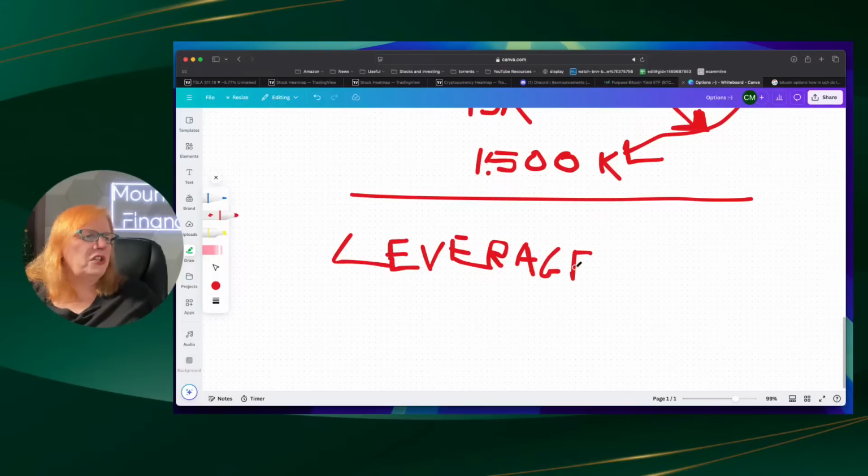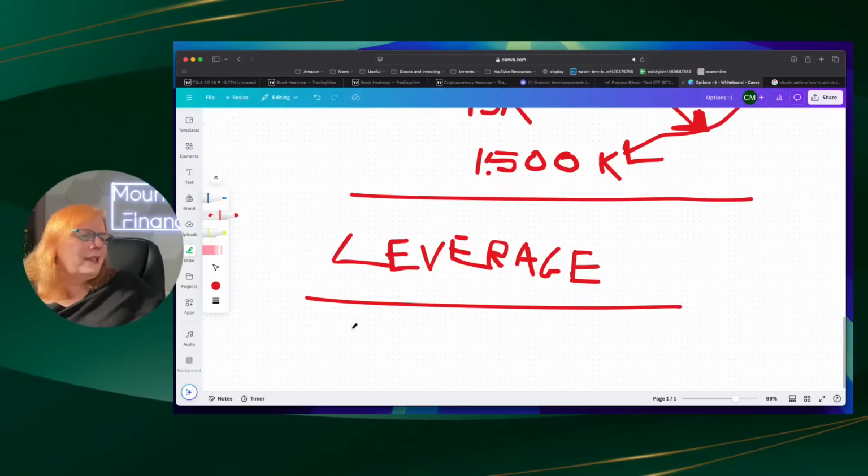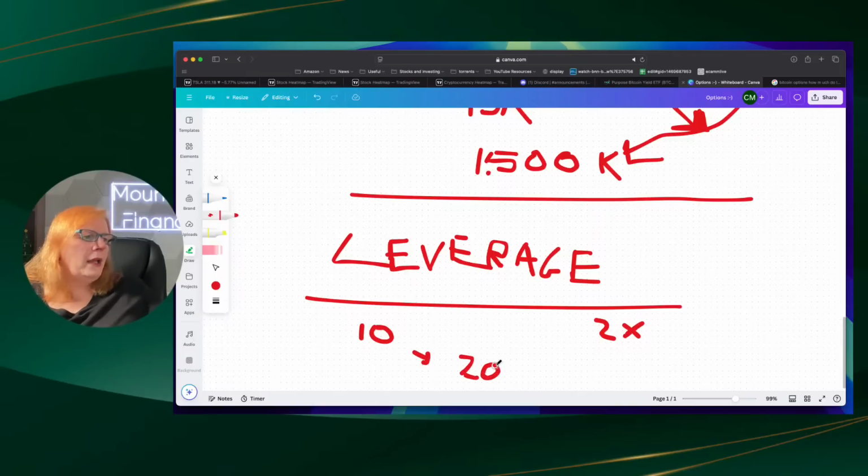Basically, all leverage is, is a loan. So your broker is loaning you enough money so that you can buy more. Let's say, for example, you were going to buy 10 shares. You could use 2x leverage on that, so you end up with 20 shares. But the broker has spotted you for those 10 shares.